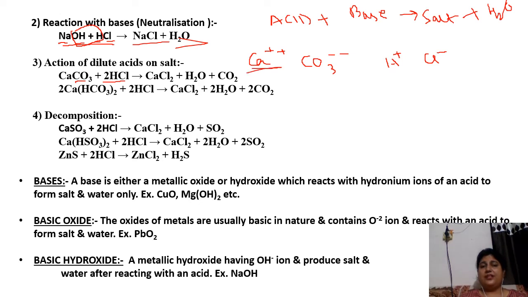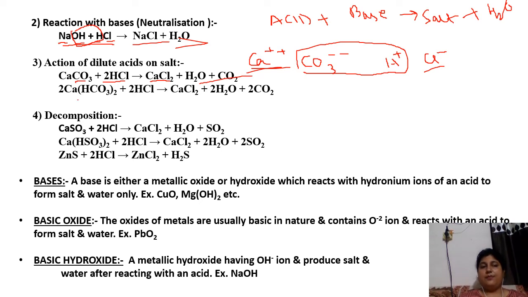What will happen? This positive attaches with this chlorine, but the charge is different. Calcium possesses plus 2 charge and chloride possesses minus 1. So according to this, it will result in the formation of CaCl2. Similarly, here H2CO3, carbonic acid, will be formed, which is a weak acid, which immediately splits up into water and CO2.